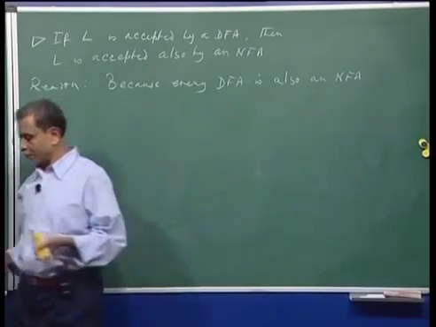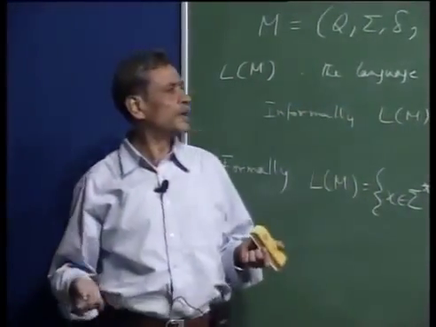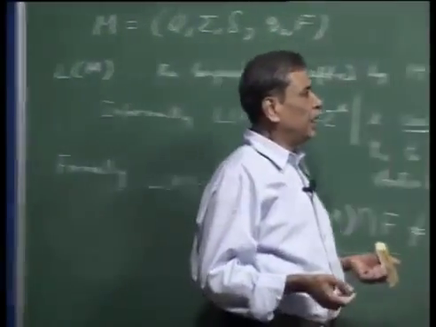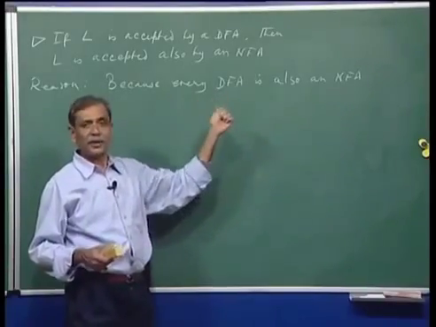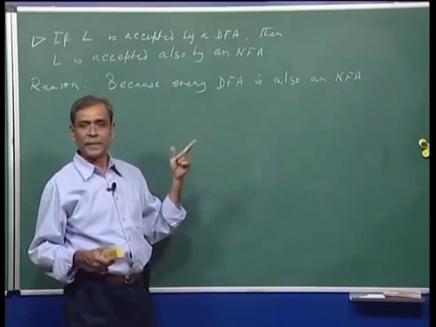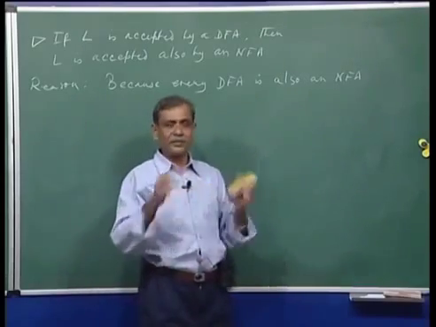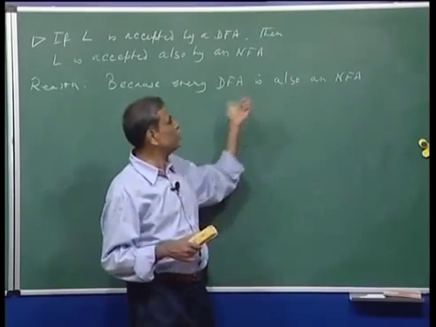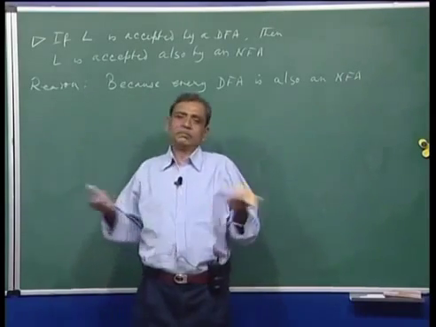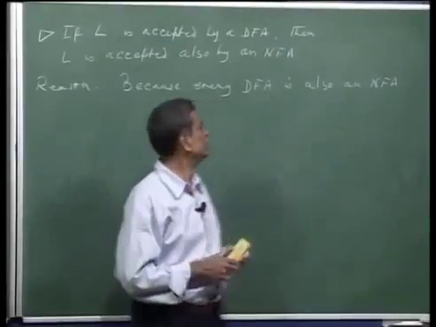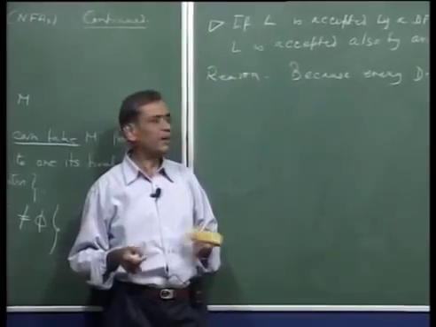An NFA just states that from a state on a symbol there can be 0, 1 or more transitions, whereas in a DFA from a state on a particular symbol there is exactly one transition. So, the DFA case is a sub case. The DFA situation is subsumed by the situation of NFA. You can think of every DFA without any problem as an NFA; it is that the NFA is choosing to behave deterministically, that is all.